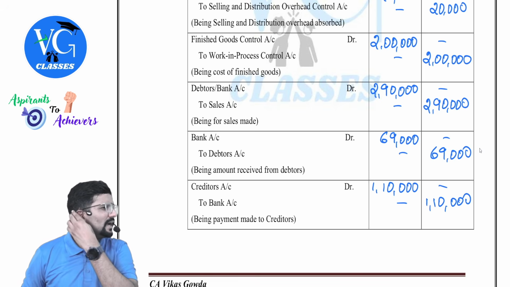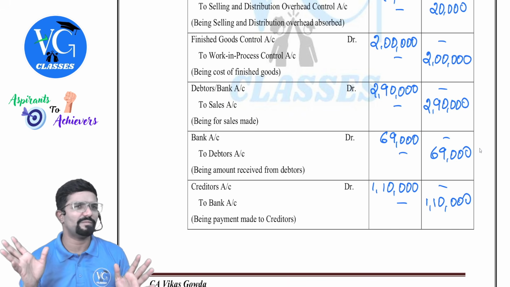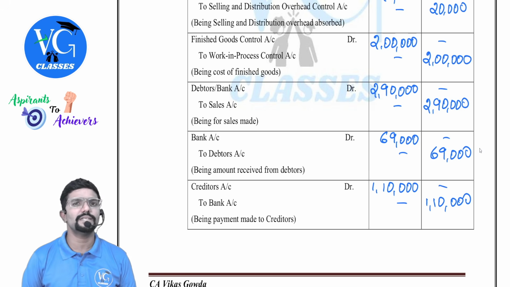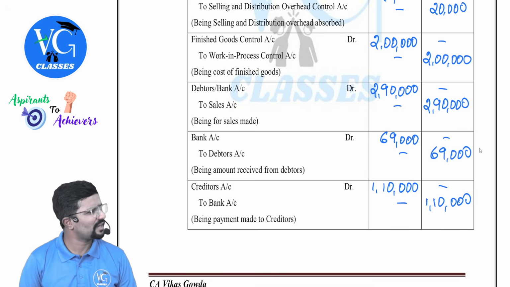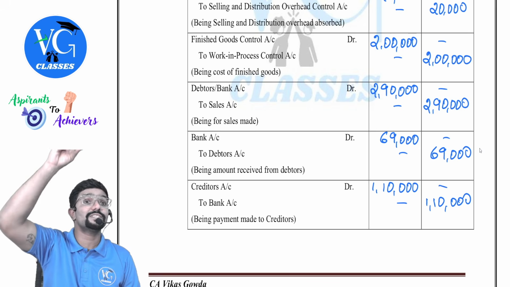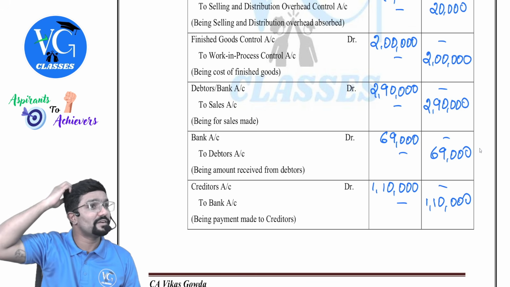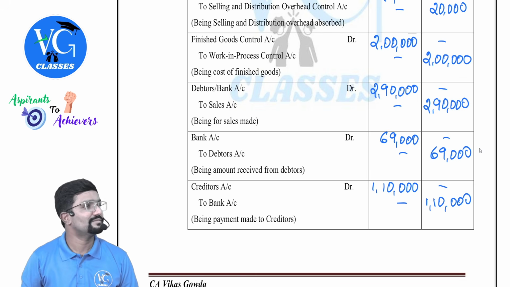Even if they ask for ledger accounts, it is the same. If there is any question under integrated, they are asking for journal entries. But still, if they ask for ledger accounts also, copy paste. Only one account will not come: the general ledger. In place of that, we have to prepare four accounts here.